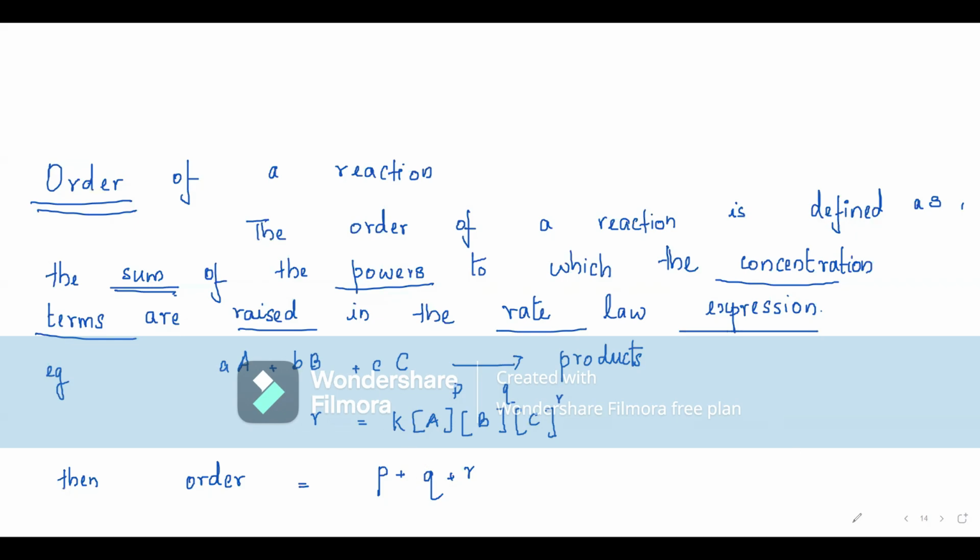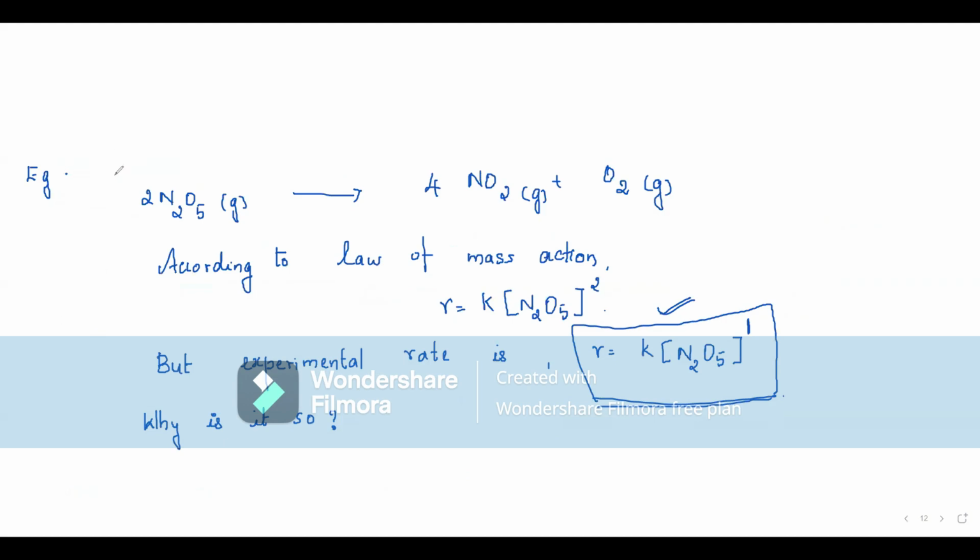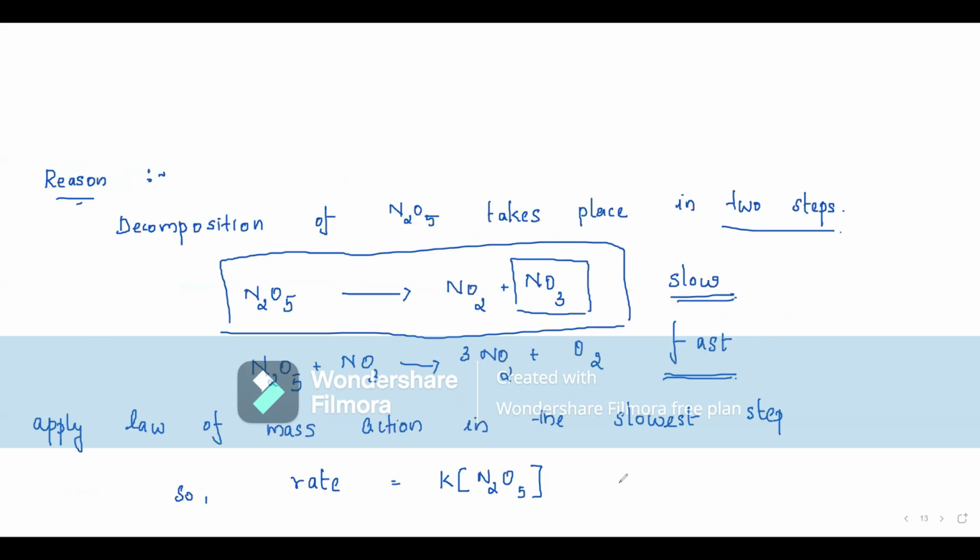Before taking this example, let me go back to the previous reaction. The overall reaction is 2N2O5 gives 4NO2 plus O2. But the rate law expression, this is called the rate law expression. In the rate law expression, the sum of powers to which the concentration terms are raised: there is only one concentration term here.